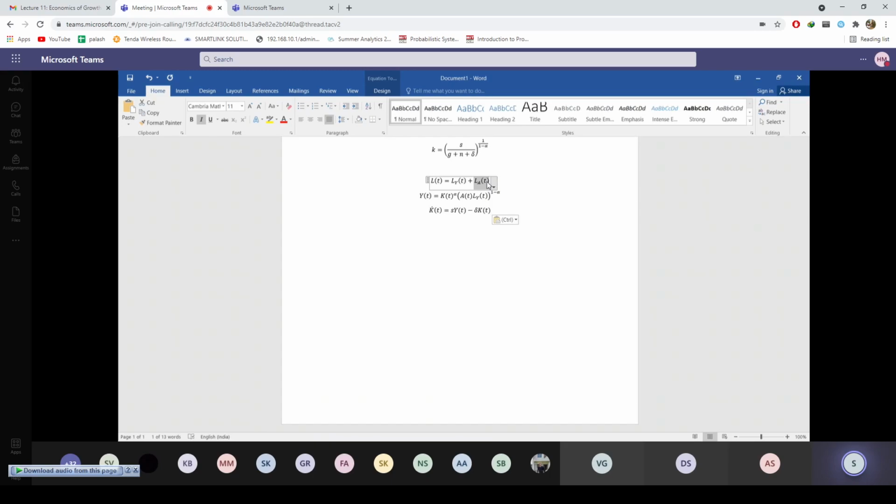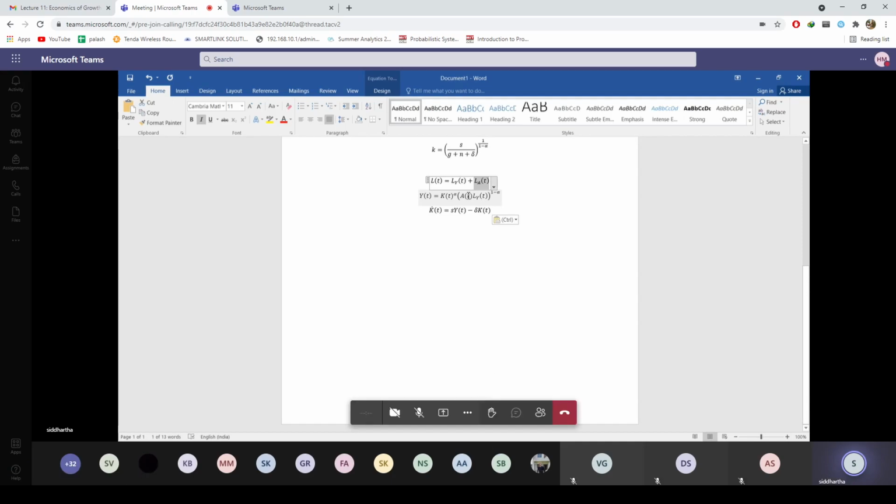In the Solow model, I do not know where the technology is coming from. Now, technology is basically another input over here. In this production function, technology is another input. It is no longer just KT and LYT. So KT is an input, LYT is an input, AT is also an input.